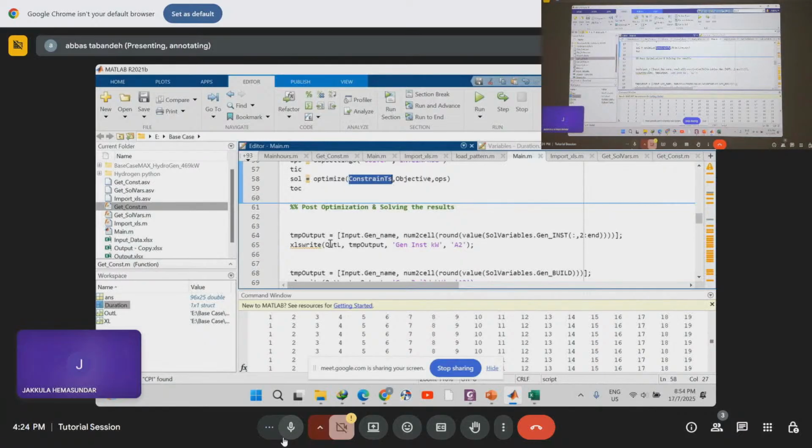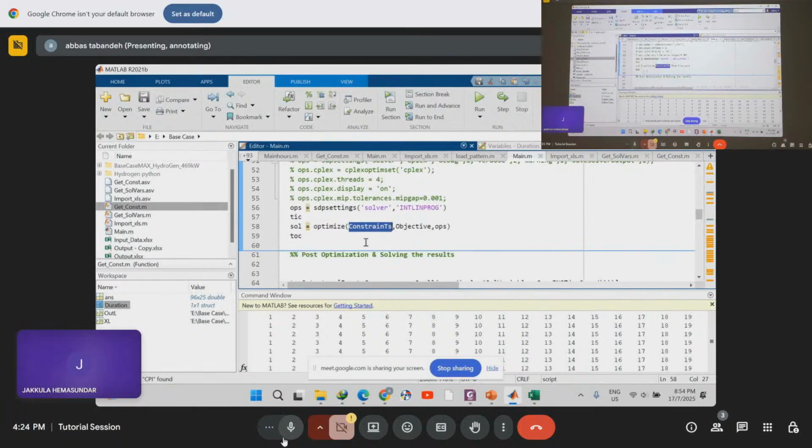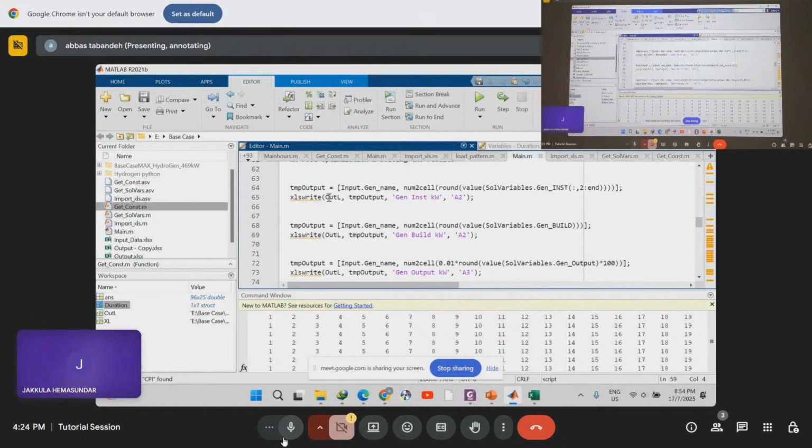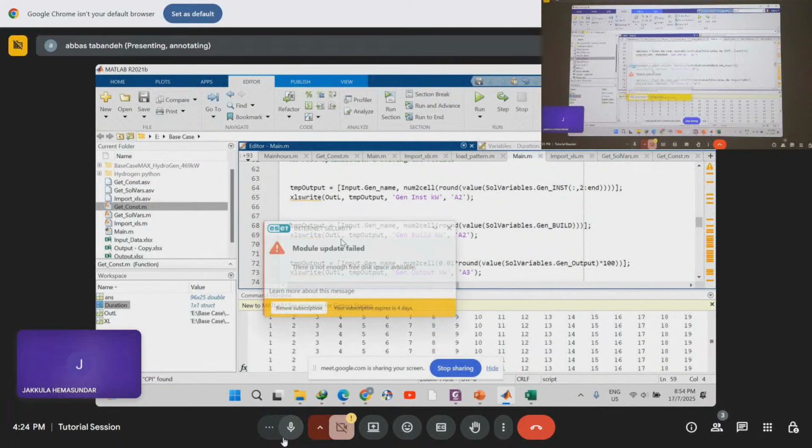And this code shows we did some analysis after solving the problem. So until this line, it will solve the problem for us. However, after that, maybe you need to do some more analysis or export your results to the Excel.